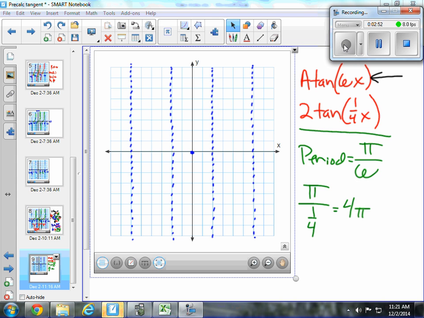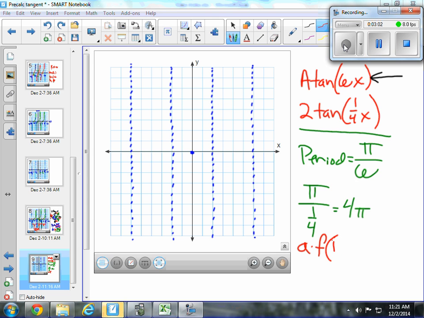And just like when I was doing transformations, I would have a times f of b x minus h plus k. The b was inside my function, and I would be multiplying all of my x values by 1 over b. Well, in trigonometric functions, instead of calling it b, we call it omega.